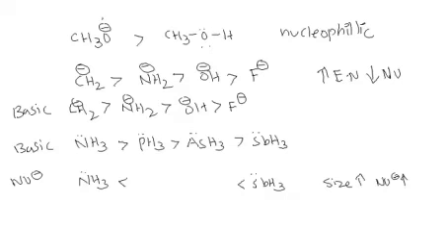Next, let's check some other factors. For example, here I have taken F minus, Cl minus, Br minus and I minus. Fluorine has the tendency to form hydrogen bonding, which forms between a highly electronegative element and a hydrogen.